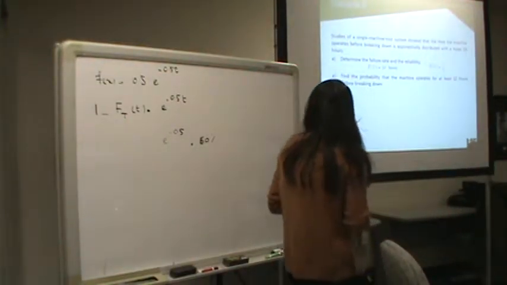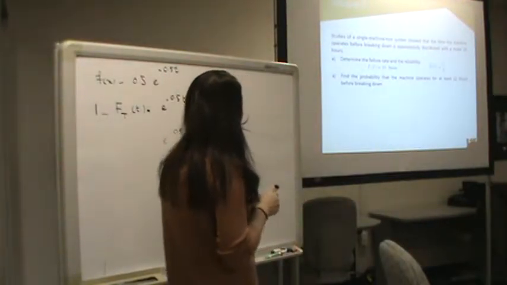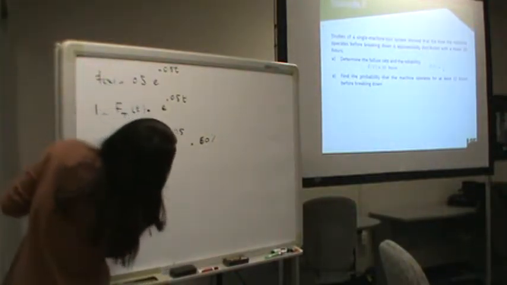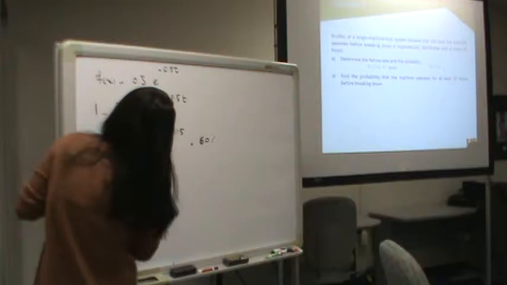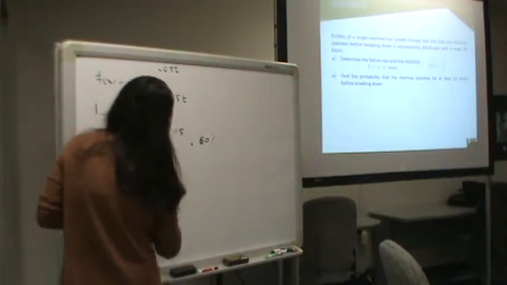So, the next question would be: find the probability that the machine operates for at least 12 hours before breaking down. First, how should we formulate that? Probability that the machine operates at least 12 hours.